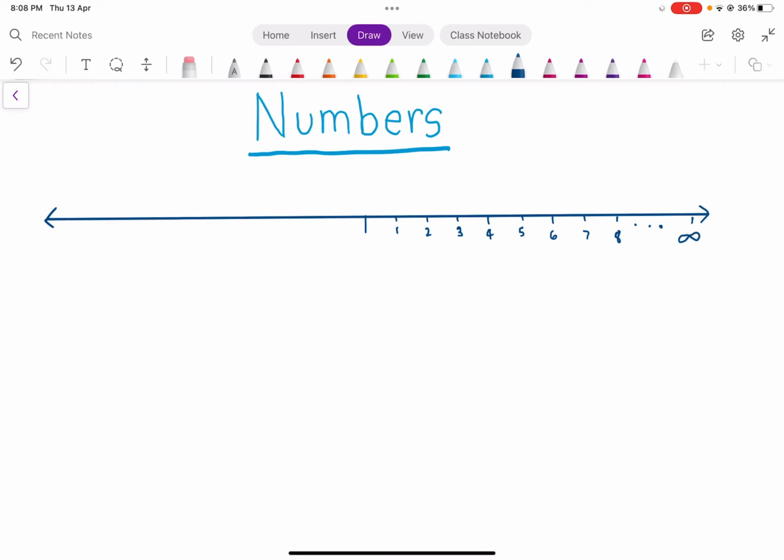Now, as I told you before, numbers are endless, and we call this infinite. We show that by this symbol over here, which is the symbol of infinity. All these numbers, 1, 2, 3, 4, 5, 6, all the way to infinity, are natural numbers. So they're called natural numbers.